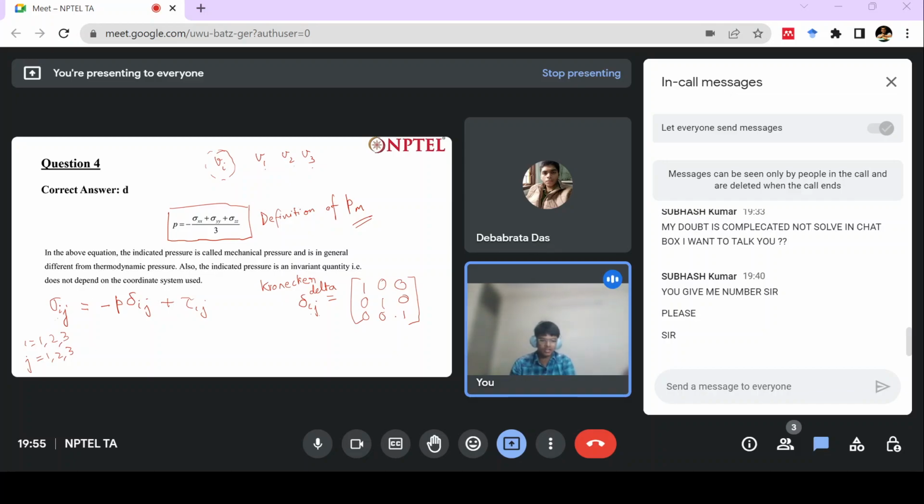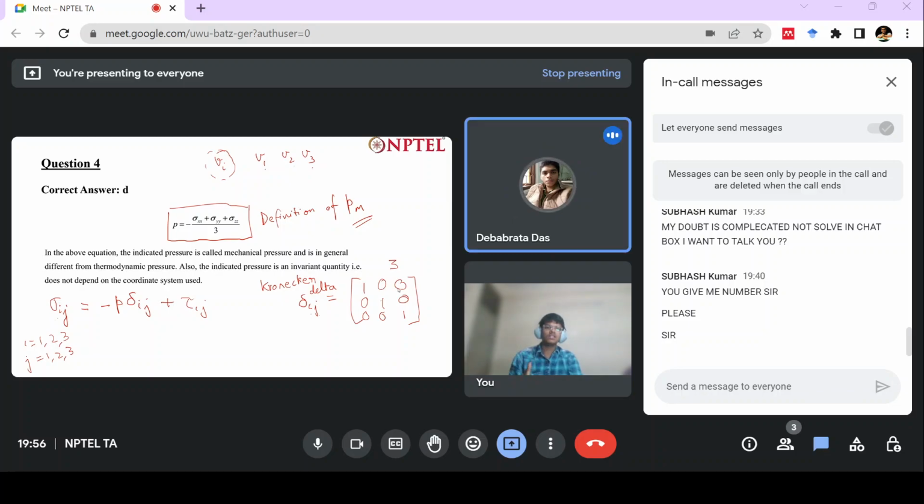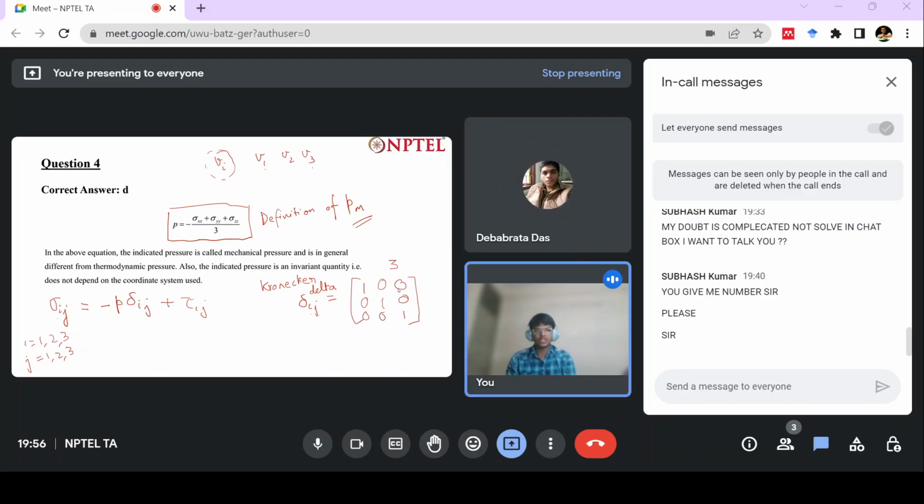A speciality about this: the sum of the diagonal elements, the trace, is 3, and the determinant is 1. These are quantities which do not vary if I rotate my x, y, and z. Whatever rotation I may have, these values remain the same.